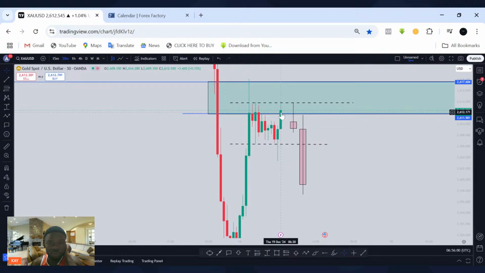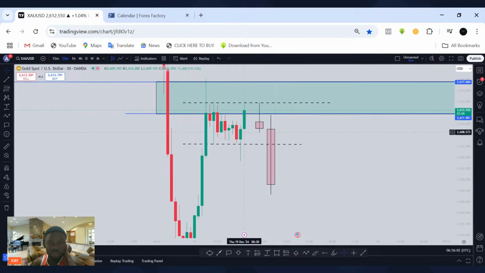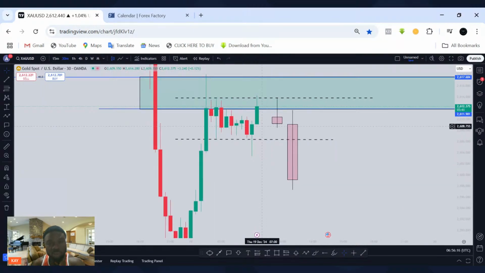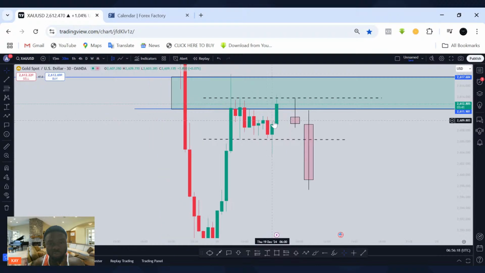If this candle breaks, and even the previous H1 candle also started with no wick, it's open with no wick at the bottom.